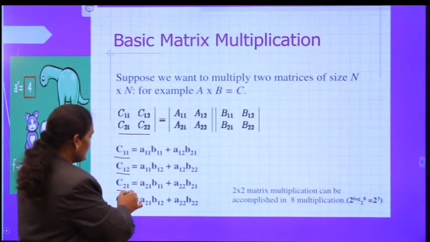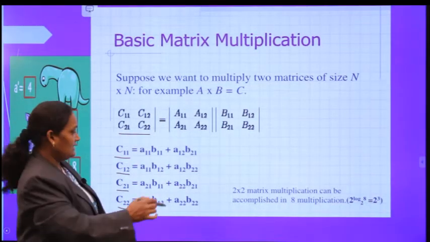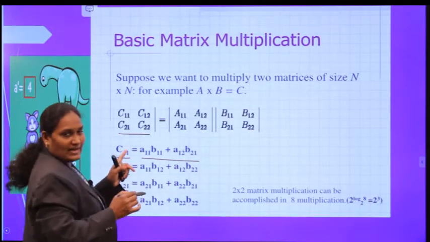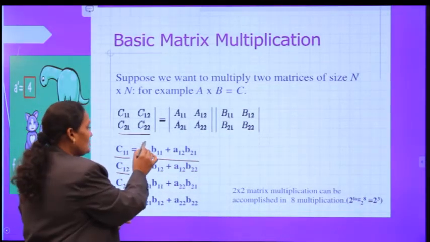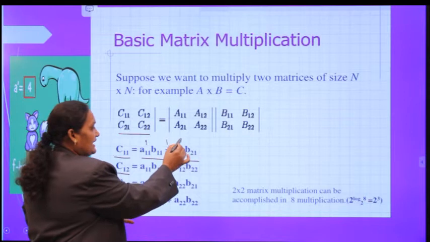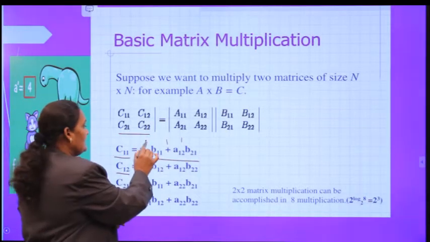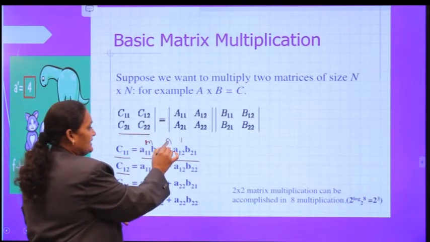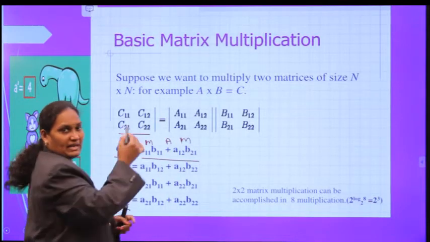C11, C12, C21 and C22 can be obtained. Here, this is the first value C11. Here I did a multiplication, here an addition and here a multiplication.